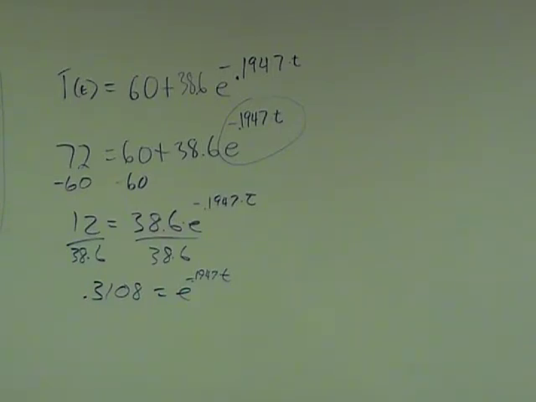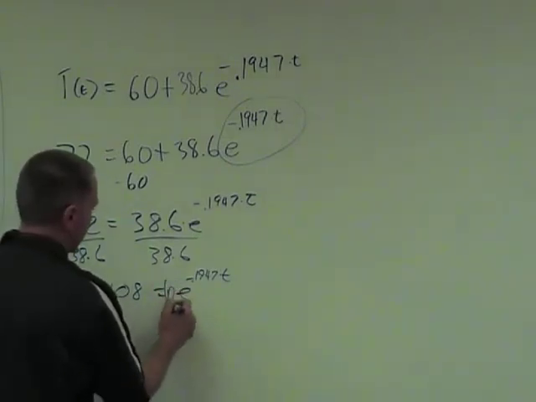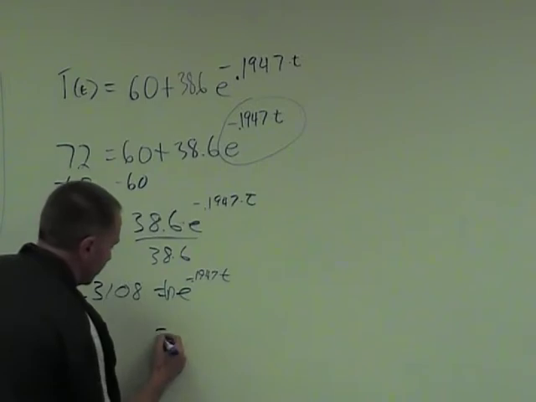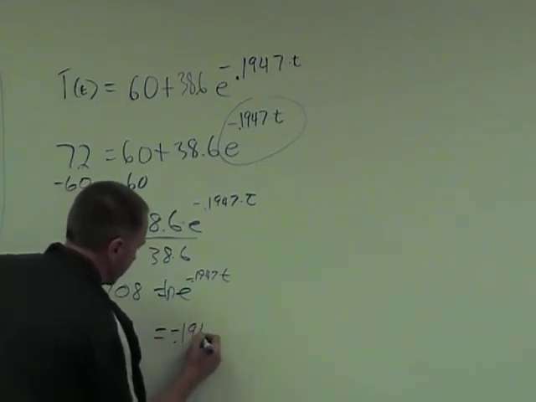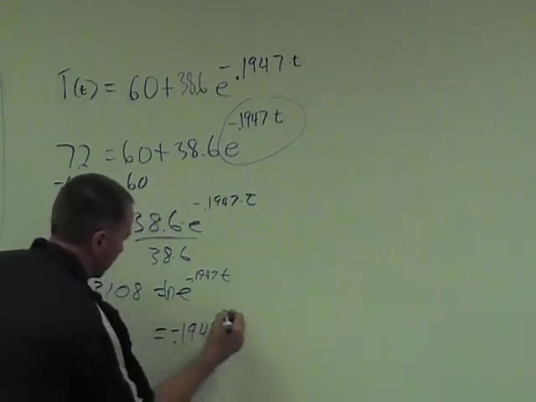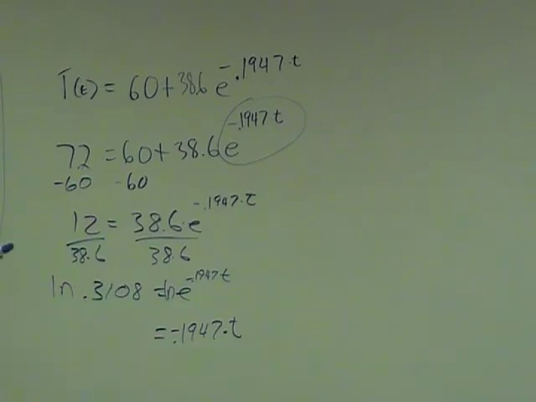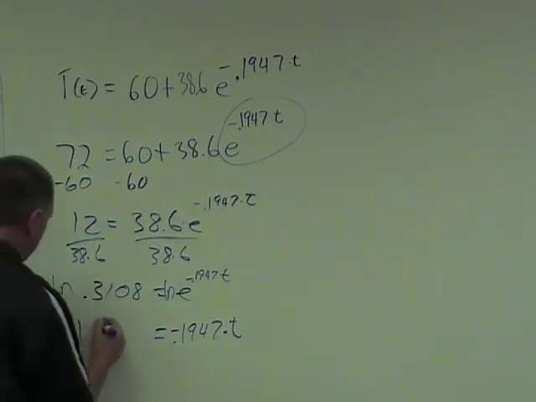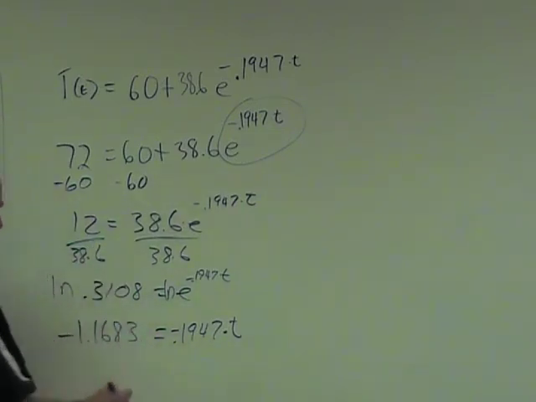Now is the exponential by itself? What do I do? Natural log of both sides. So you're going to have to take the natural log of 0.3108. What's the natural log of that? Negative 1.168. Now what do I do?